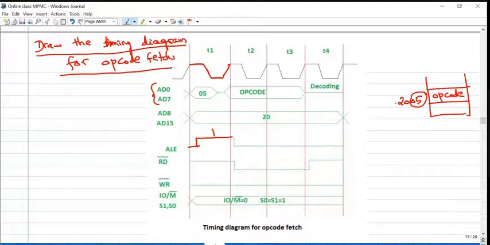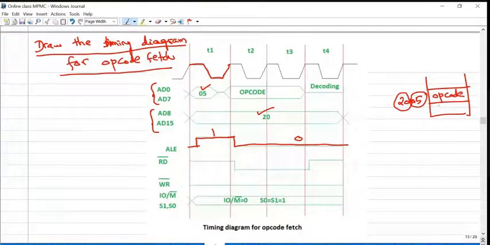So this 05 will be placed on AD0 to AD7 during the first clock pulse. A8 to A15 are dedicated for address only, so this higher order 8-bit 20 will be placed on these. And then in the remaining clock pulses, the ALE will be 0. At that time, AD0 to AD7 is used for carrying the data.